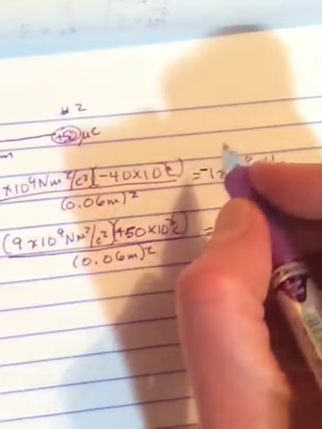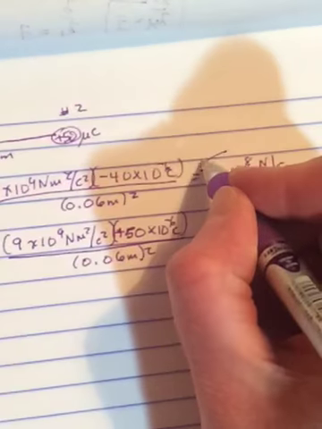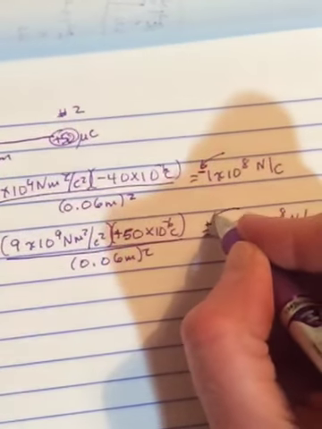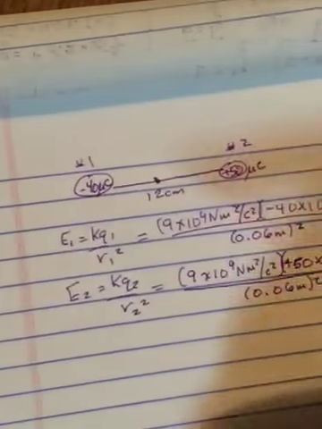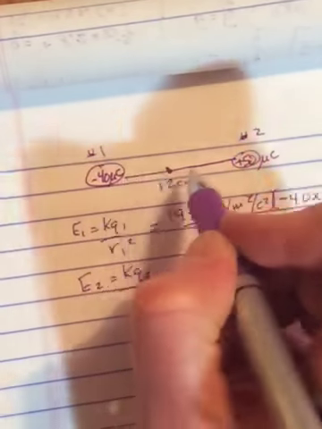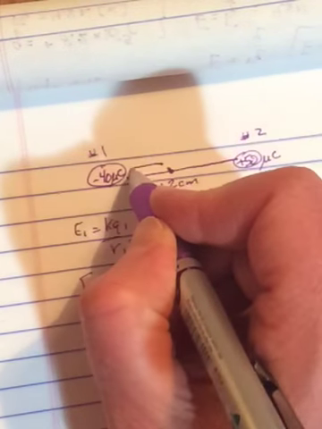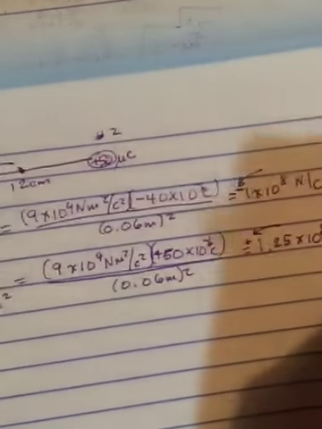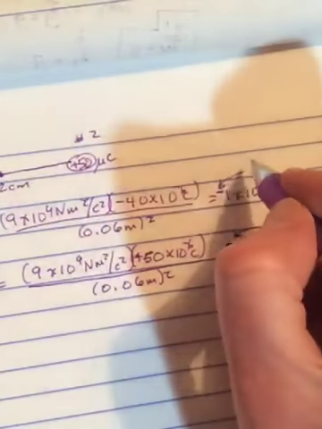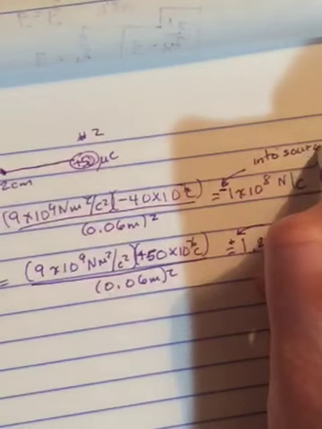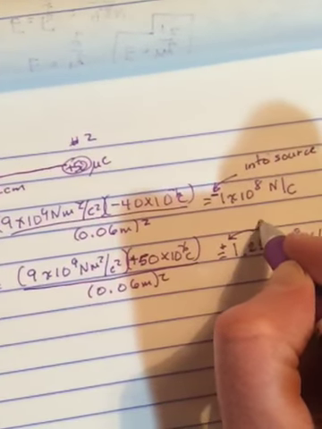Okay, so now it wants the total field. Well, the negative here just means the field is going into the charge, and the positive here means the field is going out of the charge. So if we look up here, the negative from number 1 means at this point the field's going this way. The positive from number 2 means away from source, and the negative means into source.